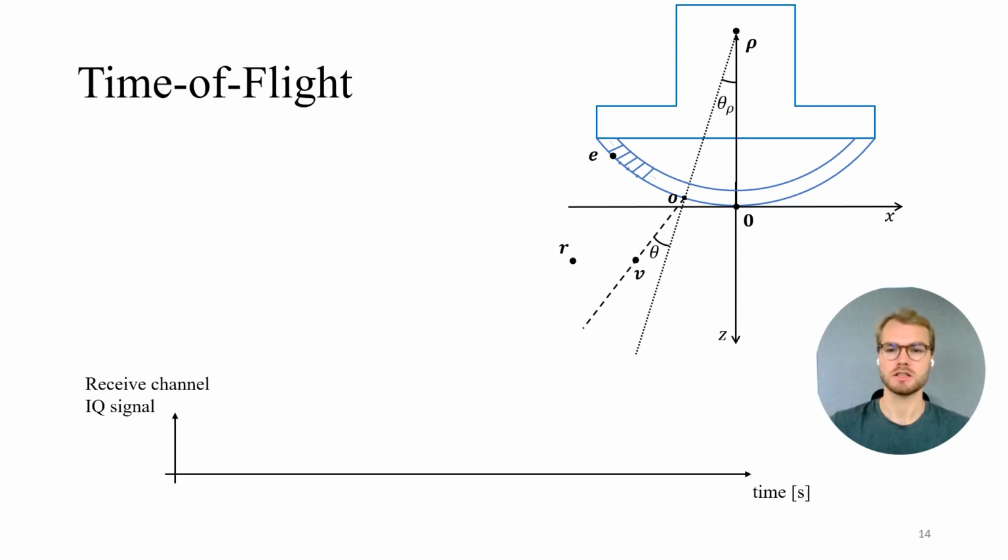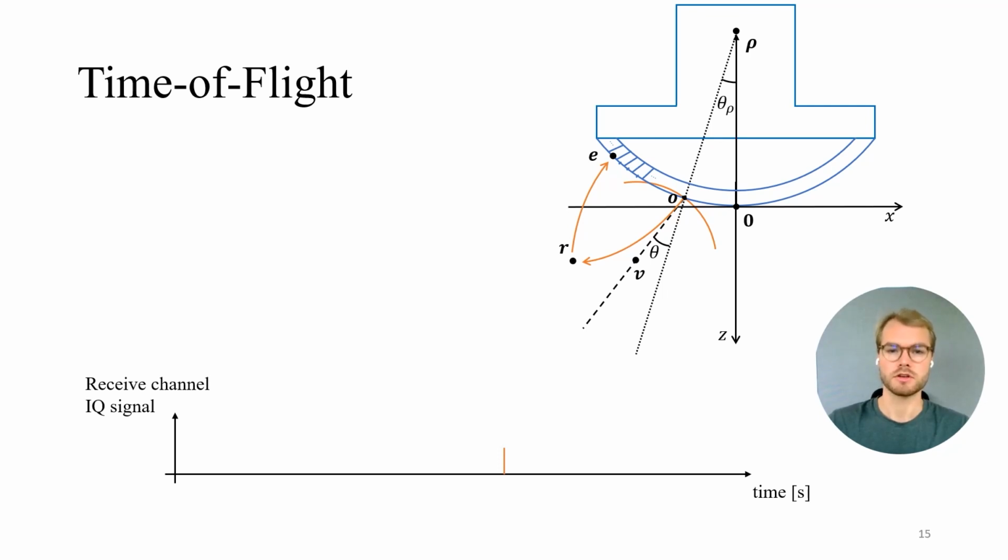The pixel position is denoted R and the element position E. The transmit wave at time 0 looks like this and will propagate towards V. The transmit wave time of flight to pixel R is visualized like this and the receive time of flight like this. The two-way time of flight is interpolated on the received channel data and gives one sample for the one transmit, receiver, and pixel.